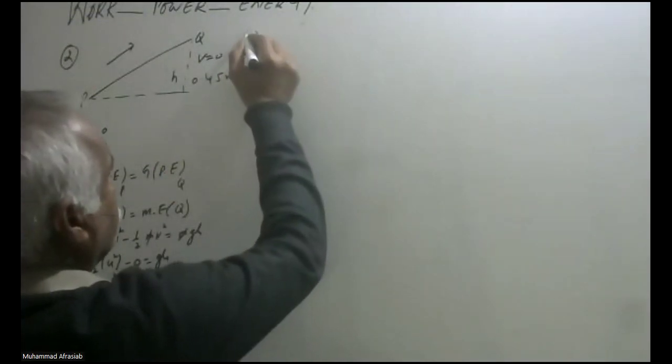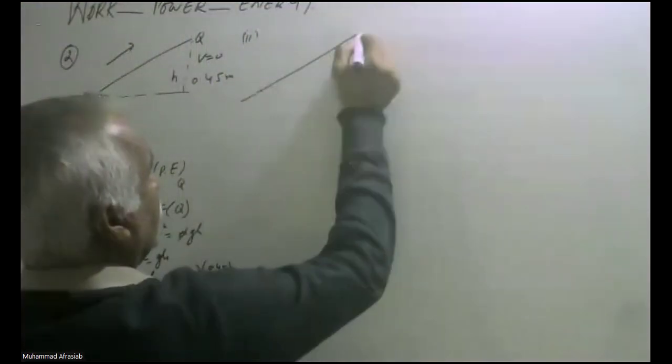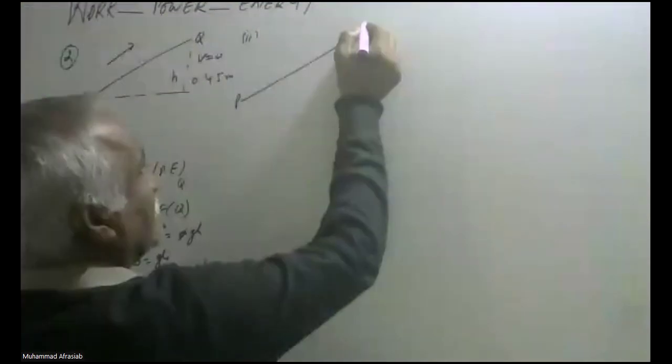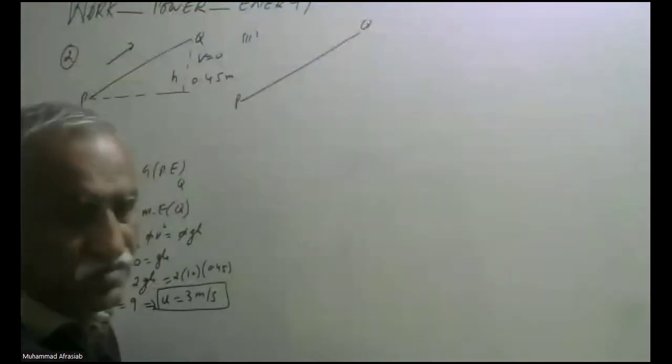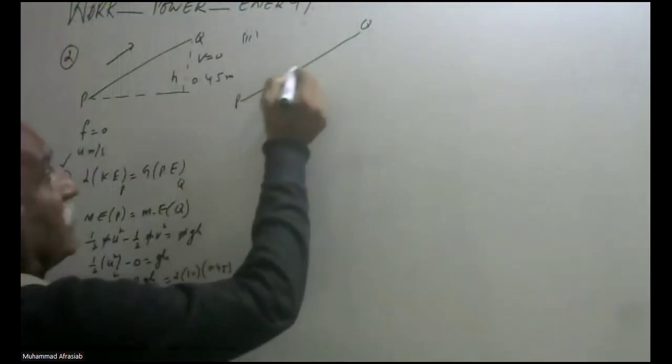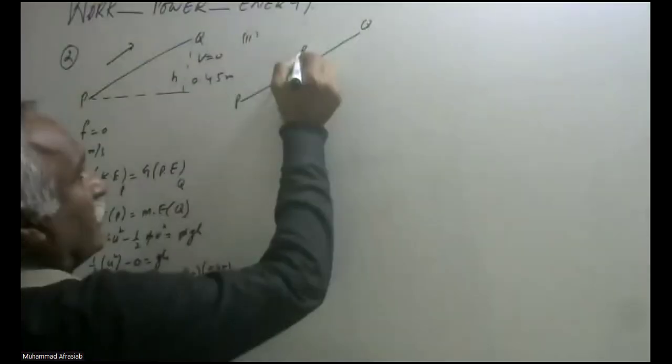For the second part, this is the point P, this is the point Q, and we know that R is in between P and Q. The speed at this point P, as used in part 1, is equal to 3 meters per second.